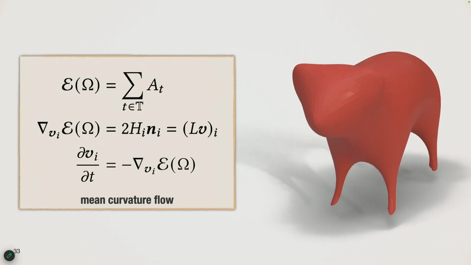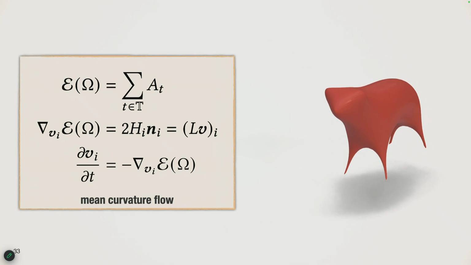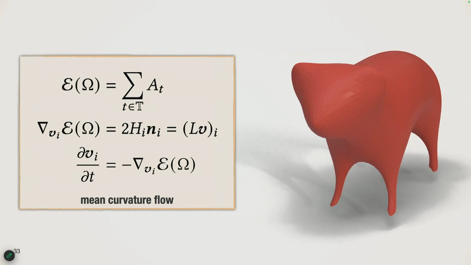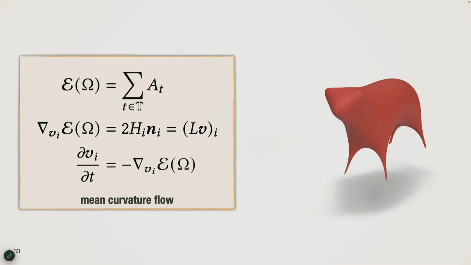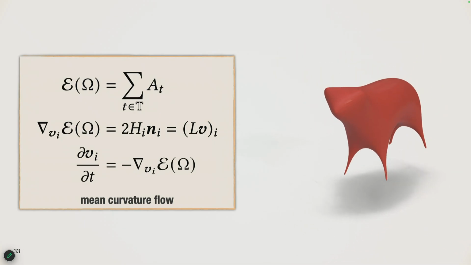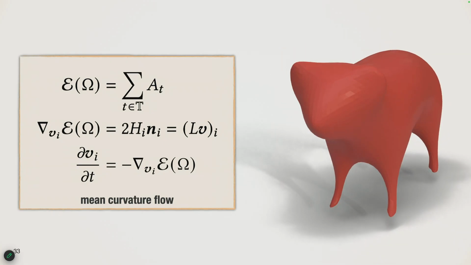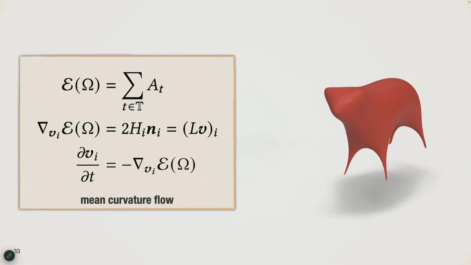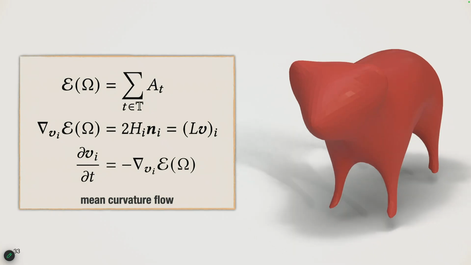Or you can think of it as the integrated mean curvature multiplied by the normal. And then if you write down this ODE and you solve it, you basically do gradient descent on this energy, you get something that looks like this. Is everybody okay with this?